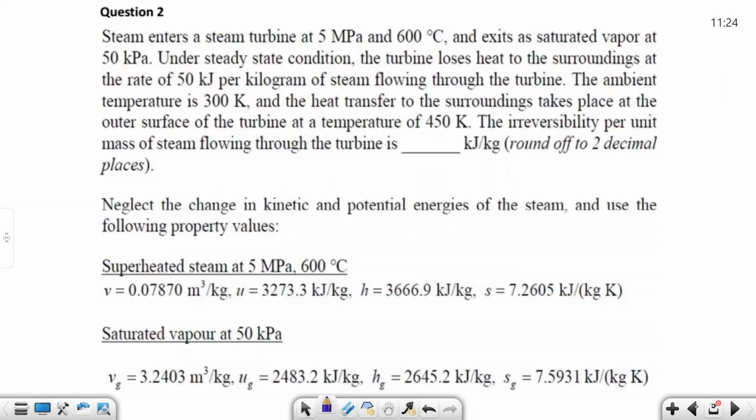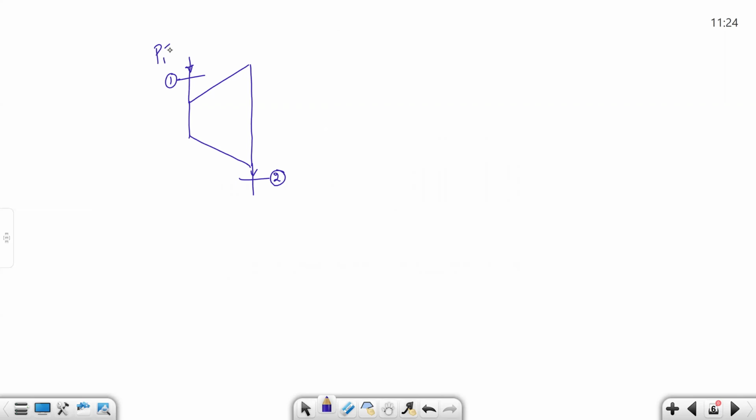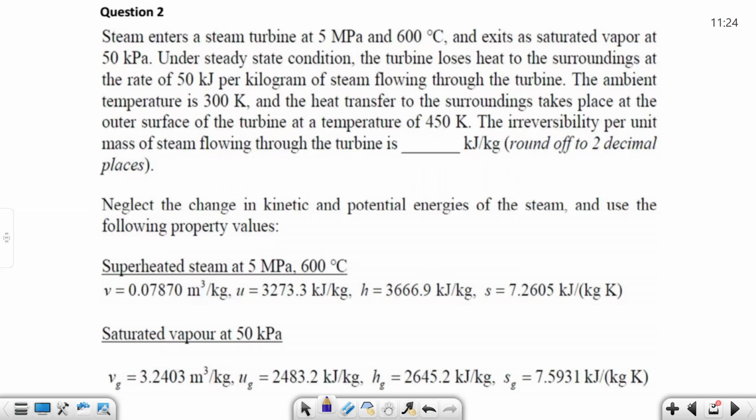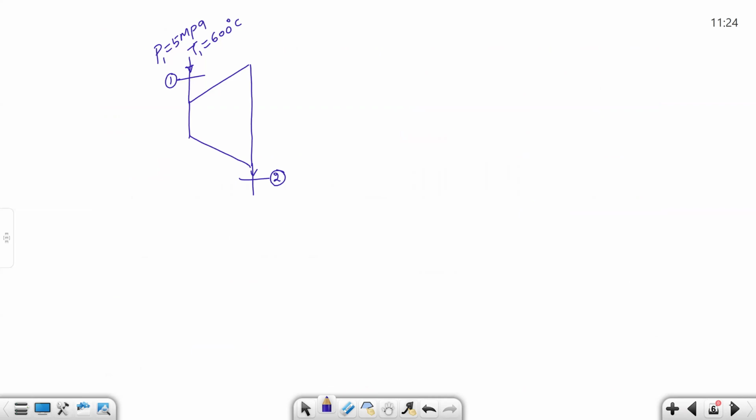So the steam enters a turbine at 5 MPa and 600 degrees centigrade. So 5 MPa, temperature T1 is 600 degrees centigrade. Exit as a saturated vapor at 50 kPa. So entry will be superheated.